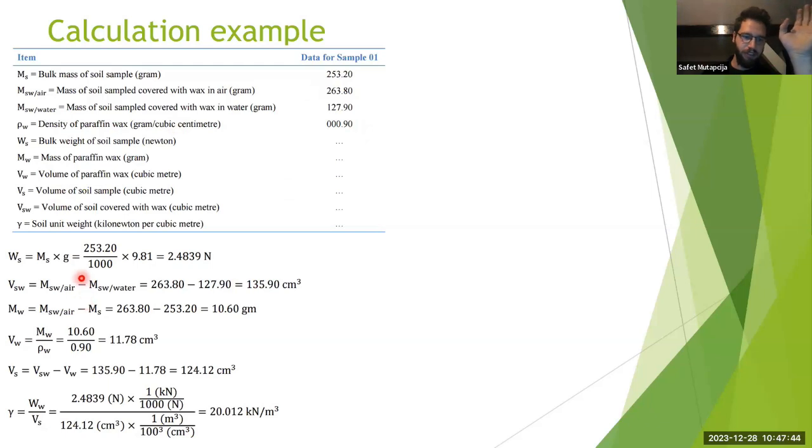So the calculation is really simple, and the most important part is this one. This is the unit weight. It is expressed in kilonewtons per cubic meter, which basically means this is a bit more than 2 tons in 1 cubic meter of your soil sample.